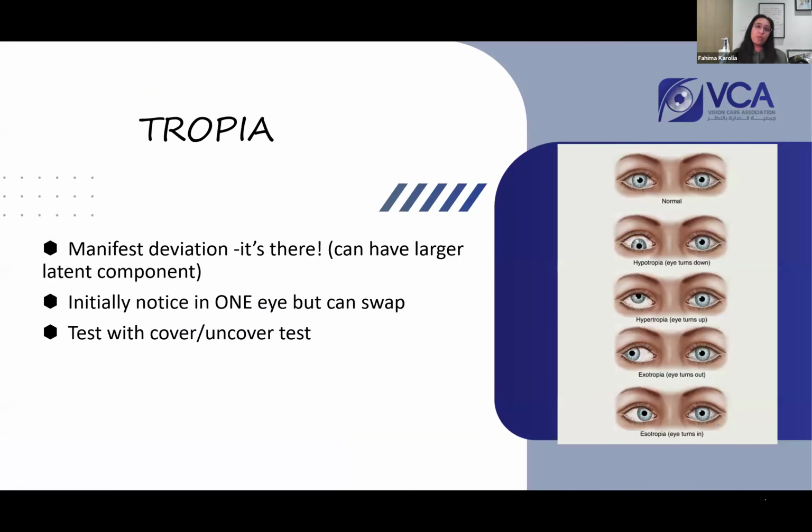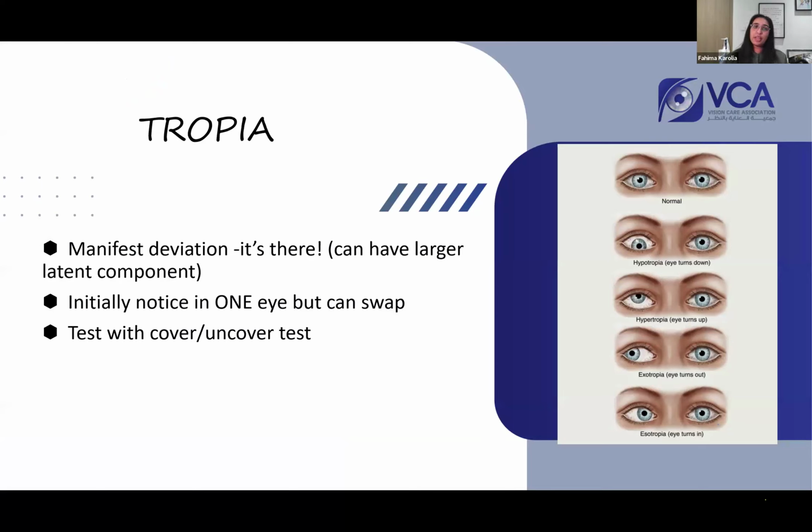Now, if we look at a patient and we want to look at a tropia, what is a tropia? Okay, a tropia is a deviation that's there all the time. It's a squint, it's a strabismus. These are other words for it, okay? In the UK, there's lots of other nicknames that they have for it.